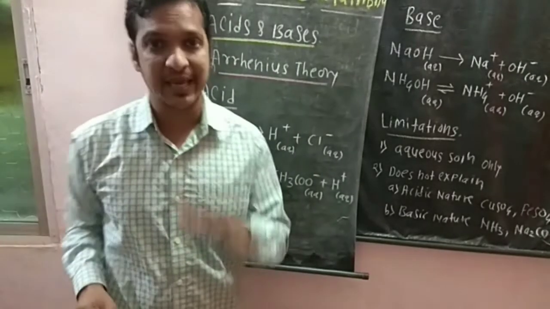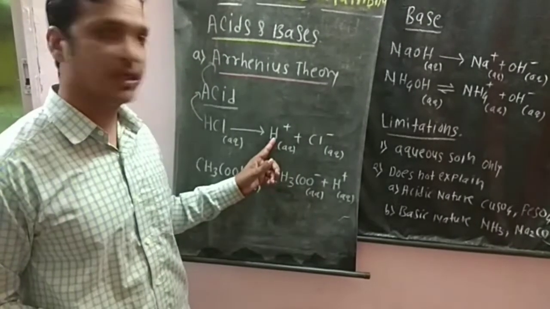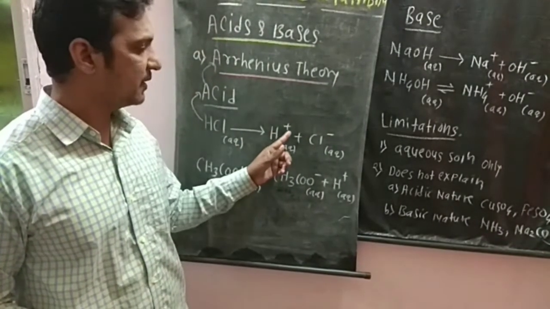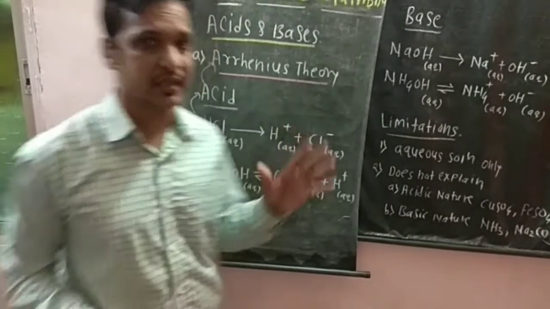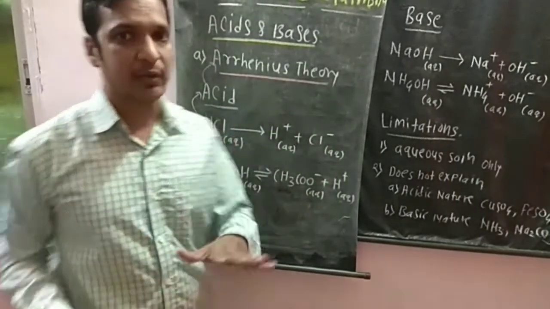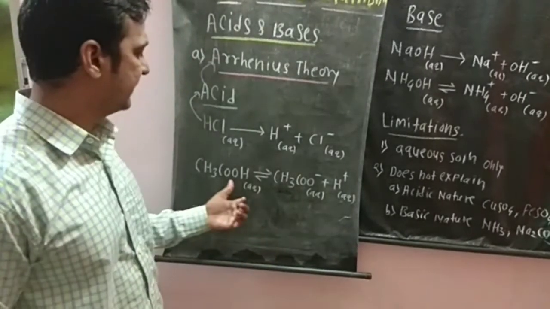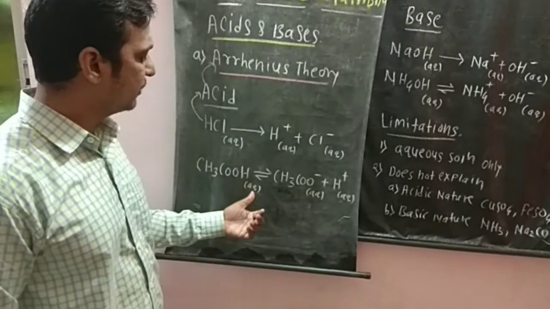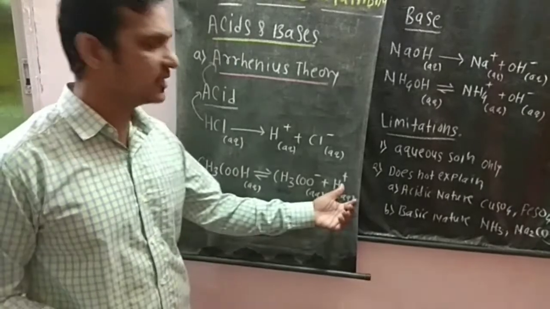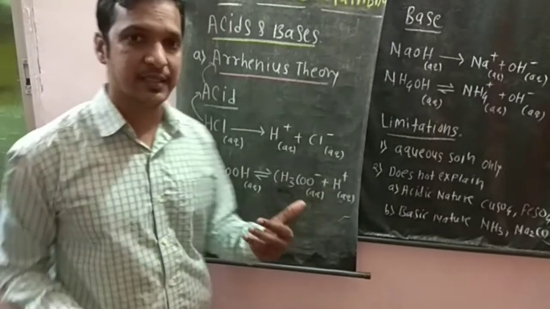So an acid is a substance which contains hydrogen and produces H plus ion when dissolved in water. Now this theory is applicable for weak electrolytes also. For example, acetic acid is a weak electrolyte. CH3COOH, when dissolved in the aqueous medium, gives us H plus ion and acetate ion, CH3COO minus.